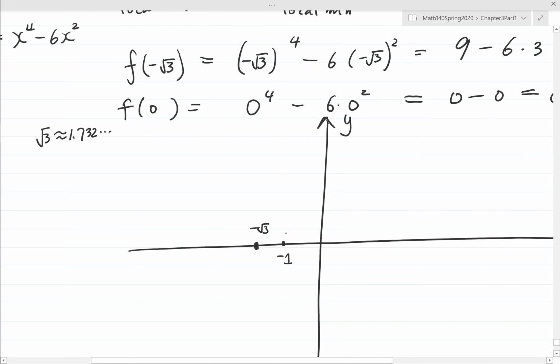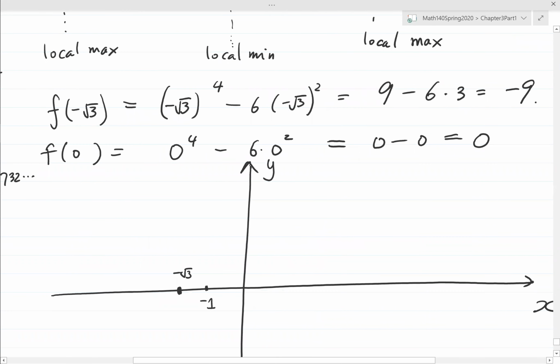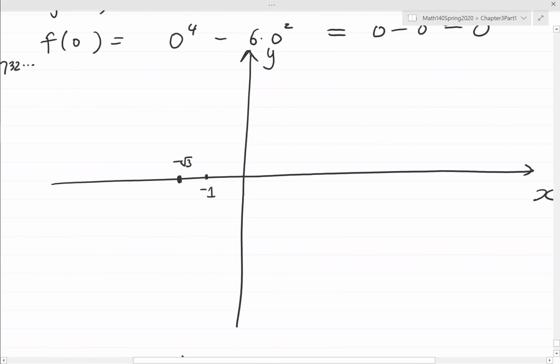Now you see when x is negative root 3, the y value is negative 9. So negative 1, 2, 3, 4, 5, 6, 7, 8, 9. It's around here.